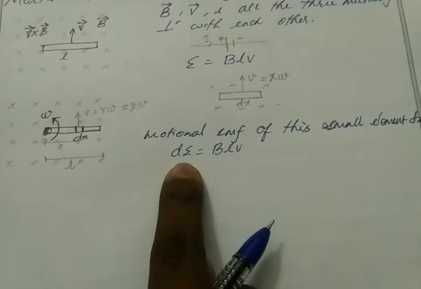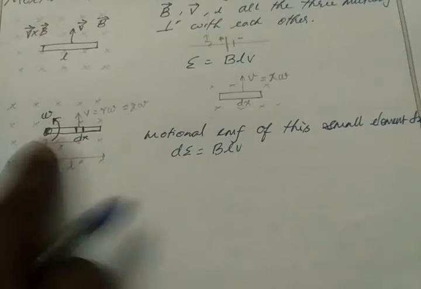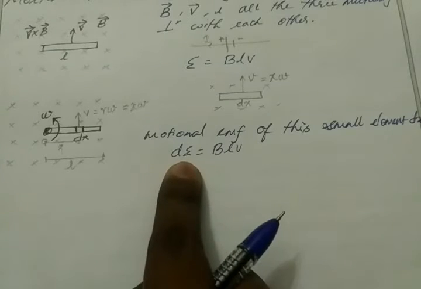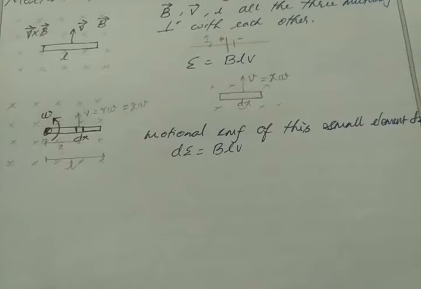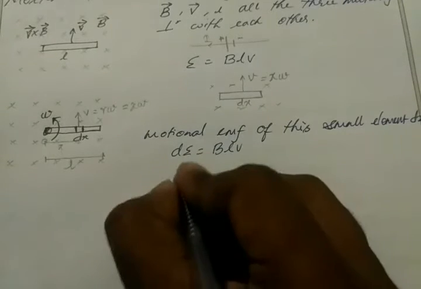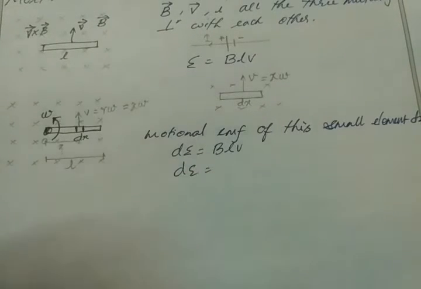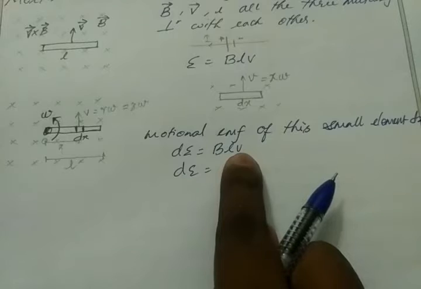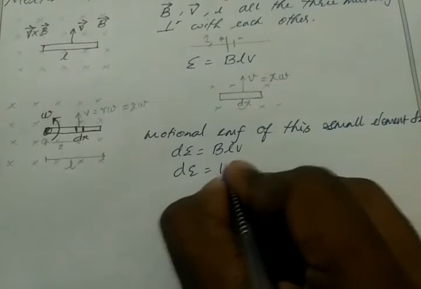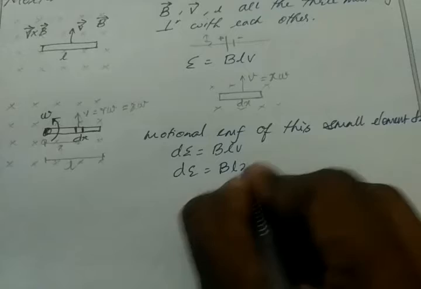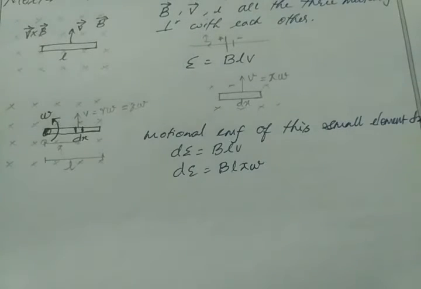This is not the EMF of the whole length of the rod, but the EMF of this small portion dx, so we take it as dE. Further, I can write dE equal to, we know the value of v is x omega, so instead of v, I substitute x omega, the angular velocity.